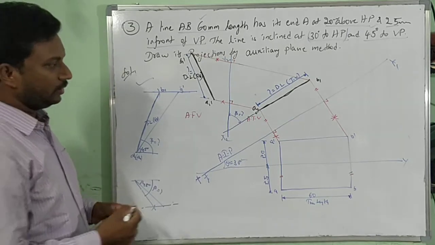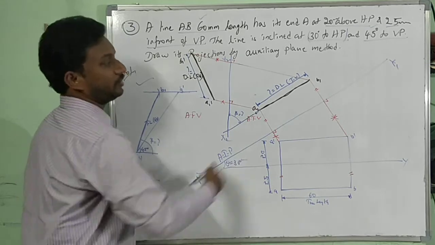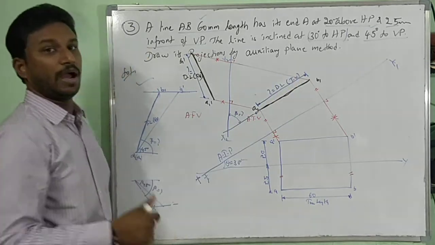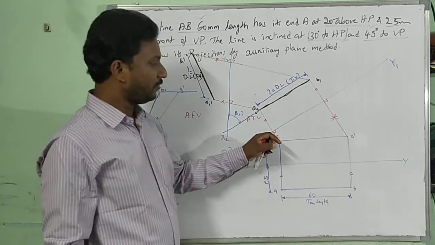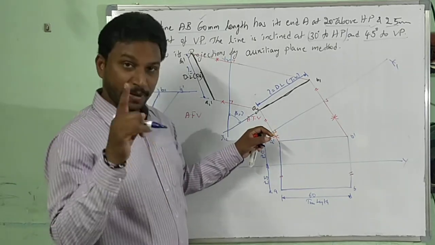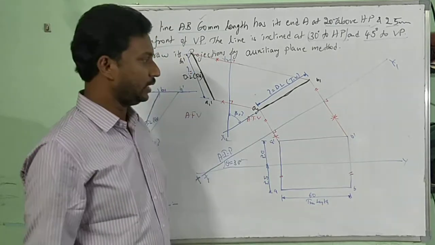Now for this new x1 y1, the adjacent view is the front view, a dash b dash. From those points we have to draw perpendicular lines to x1 y1, right?